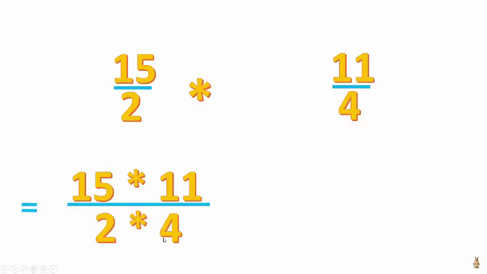I'll put it down here. So now I've got to multiply that by that. 15 times 10 is 150, and 1 more makes 165. 2 times 4 is 8.